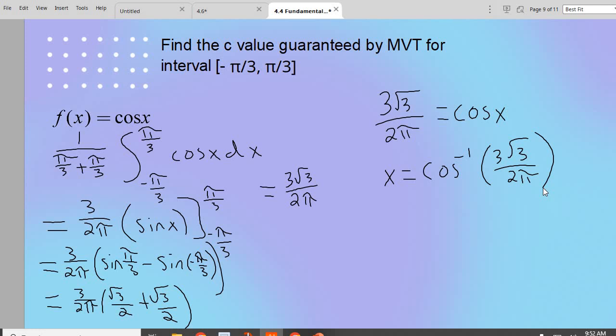Because really, up until here, besides hopefully us needing to remember that these are square roots of 3, none of this has been super complicated numbers. As long as we leave stuff exact. So this would be where we would stop if it was a non-calculator. If it was a calculator active, then we just plug that into our calculator. And what do we get?